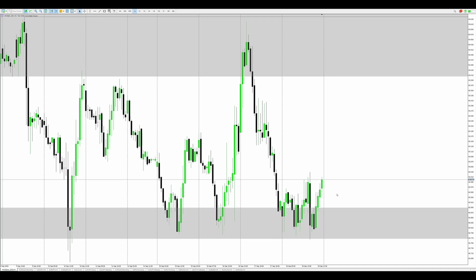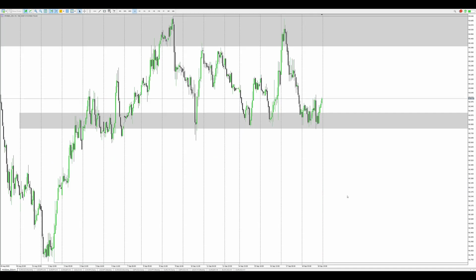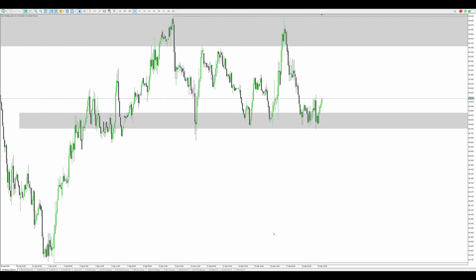But if you want to be more conservative with your trades, if you want high probability trades, then you need to wait for price to trade back to 93.40, right? Once it reaches that area, then you start hunting for long positions on Euro USD, right?